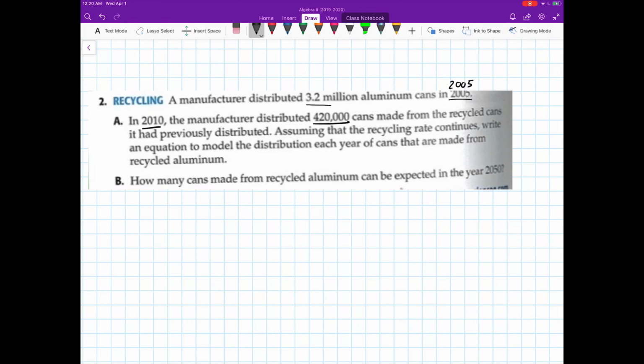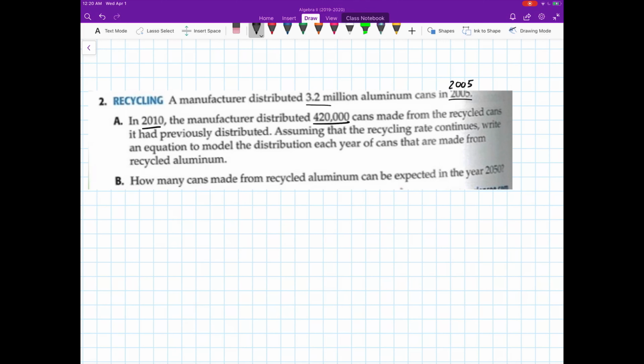Assuming that the recycling rate continues, write an equation to model the distribution each year of cans that are made from recycled aluminum. So this one, instead of being growth, would be decay.